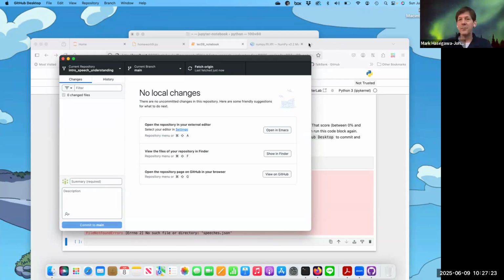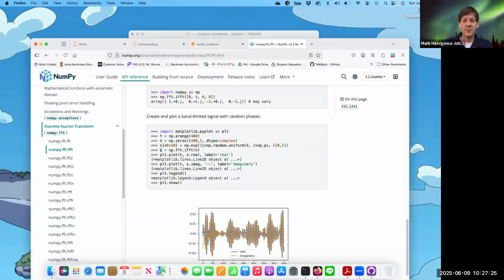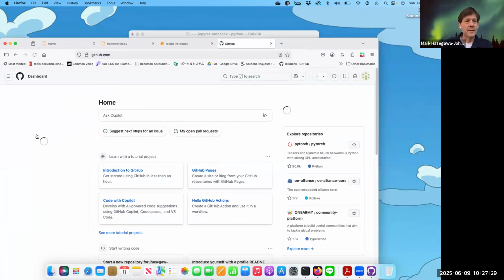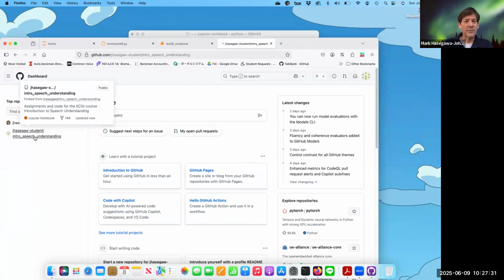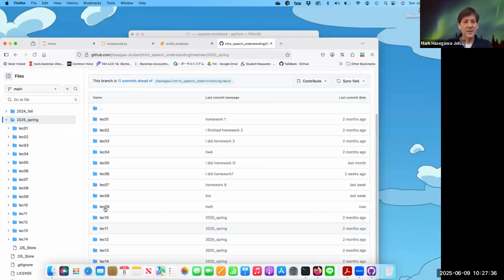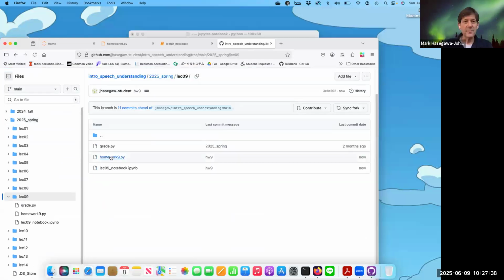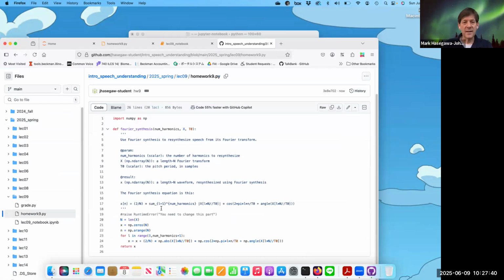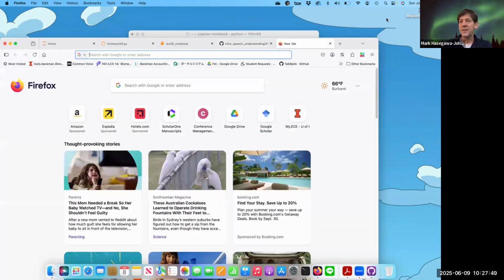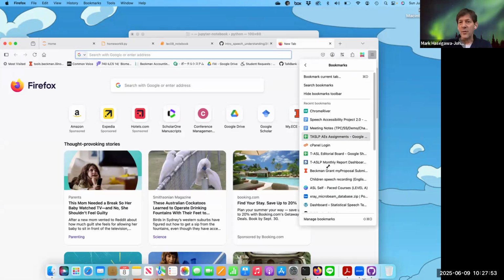And once you've committed that and pushed it, then you should be able to go to your own GitHub account and go to your own copy of Intro Speech Understanding, 2025 Spring, Lecture 9, Homework 9, and you should be able to see all of the things that you just wrote. So copy this URL and go to the course. Let me open up the course.